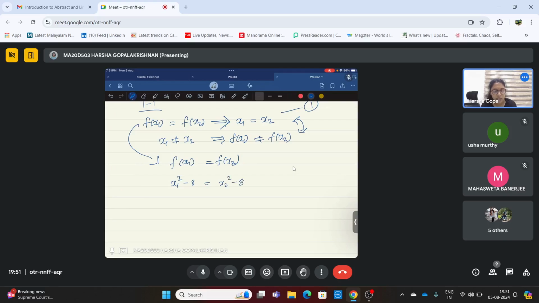By definition this is true. Okay, so x1 square equal to x2 square. So this is true since x1 and x2 both are positive. Like in the negative case, x1 and minus x1 will have the same square. But since x1, x2 belong to R plus, this implies x1 and x2 should be equal. So we got that it is 1-1.